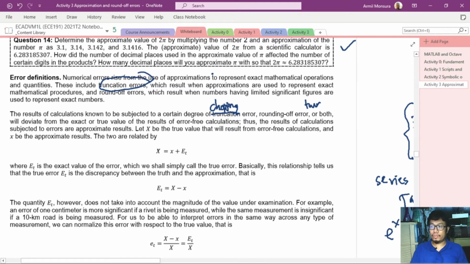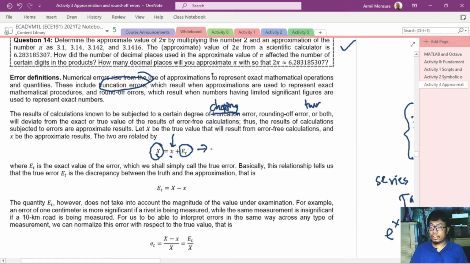So if the true value of that calculation that we are looking for is uppercase X, and this is an approximate value, lowercase x, then the true value and the approximate value would differ by a certain quantity which we will call E sub t, or Et.